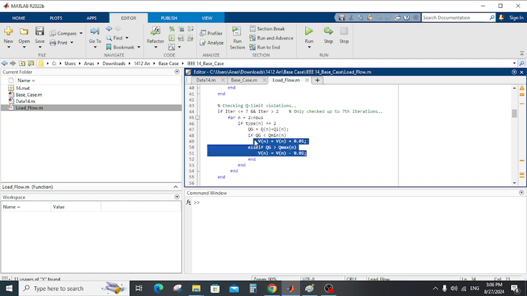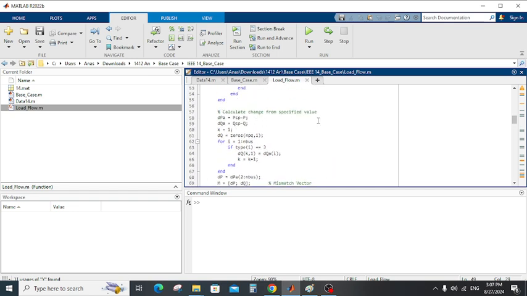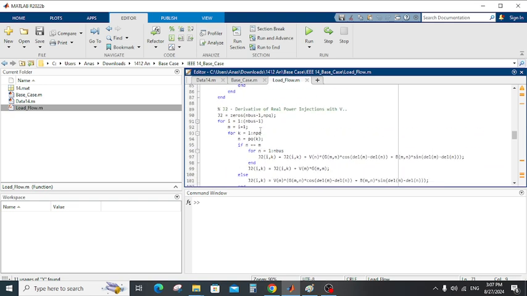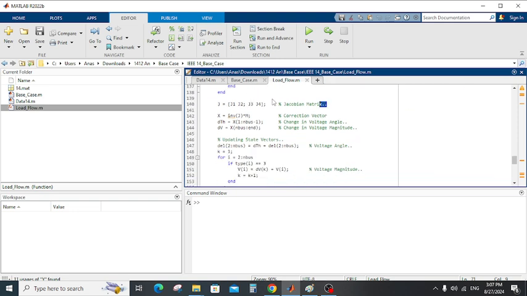We correct the voltage until we reach the minimum or maximum limit of reactive power by correcting the voltage in each bus. And after that, we go to calculate the Jacobian matrix, as you see here: Jacobian 1, Jacobian 2, Jacobian 3, Jacobian 4, and after that we get the Jacobian matrix, and then we also calculate the correction vectors.